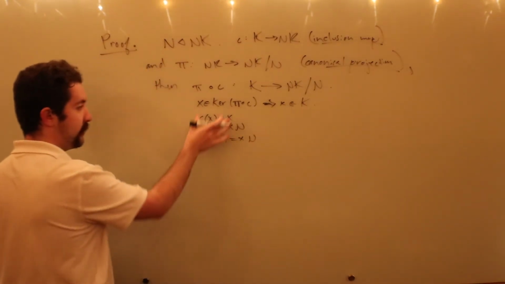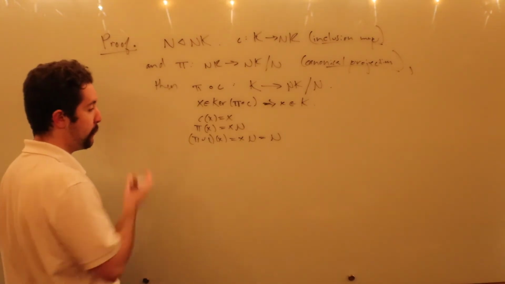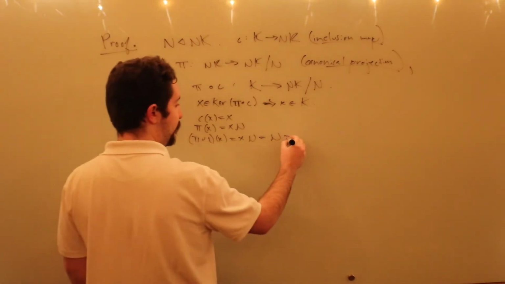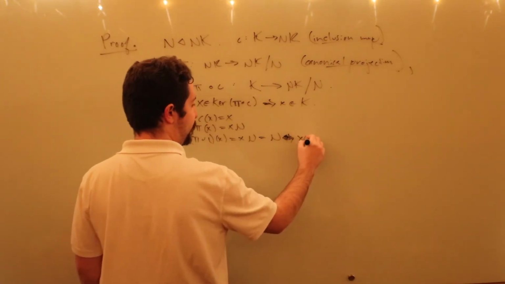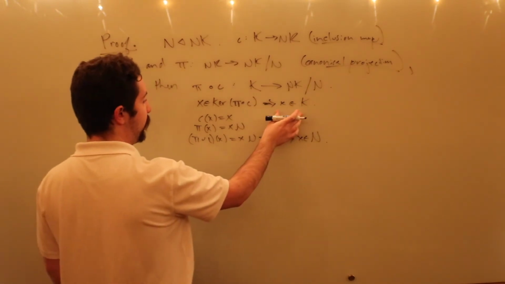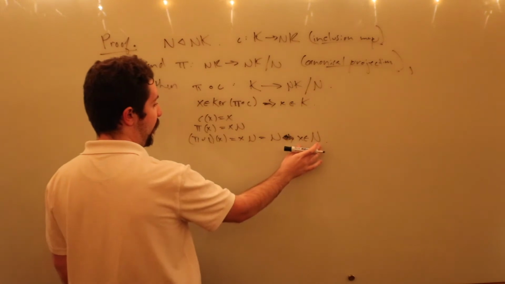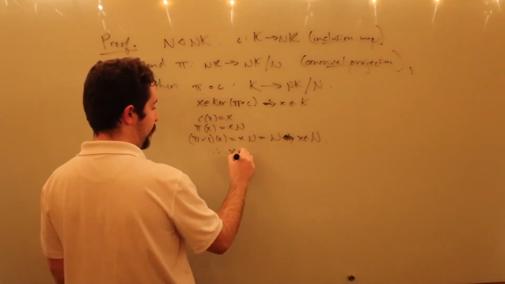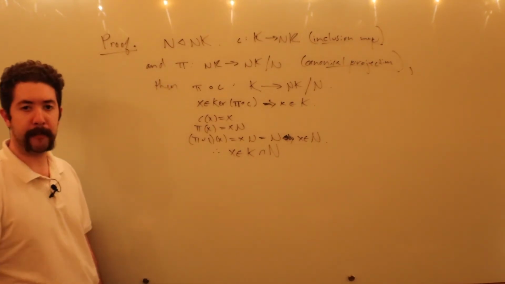So that if x is in the kernel, this is equal to the identity coset, or just N. And this is true if and only if x is in the normal subgroup N. Now, since x has been shown by supposition, being in this kernel, to be in both K and N, we say that x is contained in the intersection of K and N.